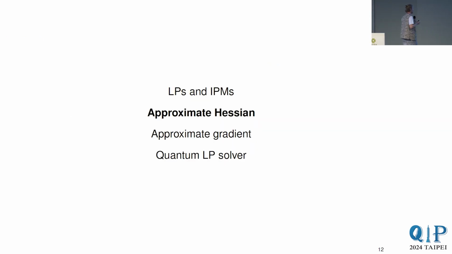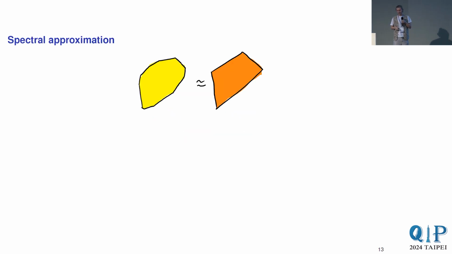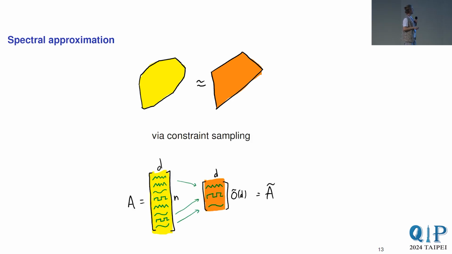All of this starts with approximating the Hessian. Good. So in a picture, it looks like this. We have this polytope with many faces, right? And we want to approximate it by a polytope that has fewer faces. And we're going to do that through the idea of constraint sampling. Consider this big constraint matrix. There are n constraints, where n is much larger than d.